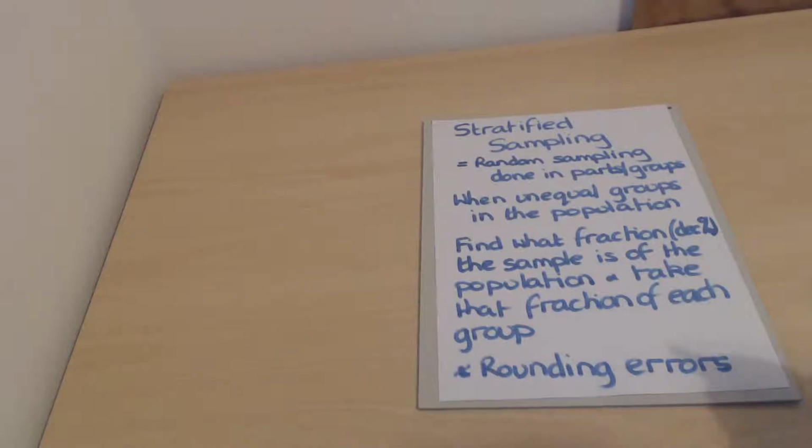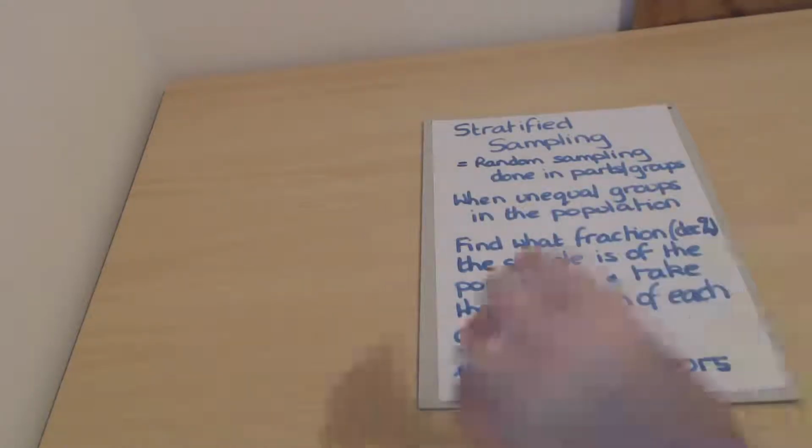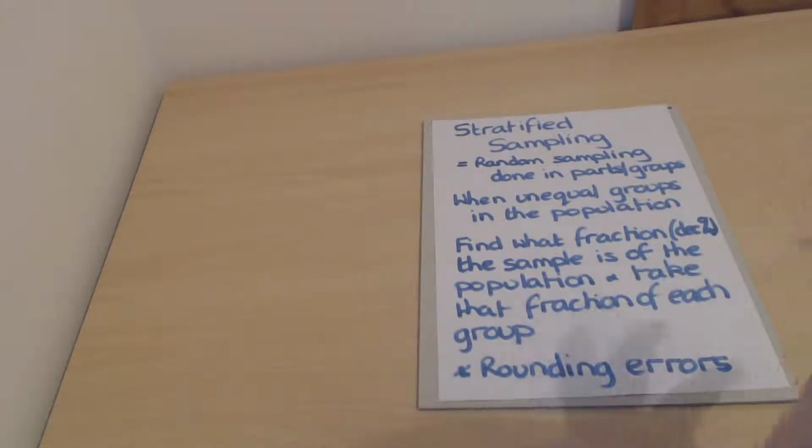So we do use stratified sampling only when we have unequal groups in the population. If all the different types or categories in the population are about equal in number, there's no point doing stratified sampling.